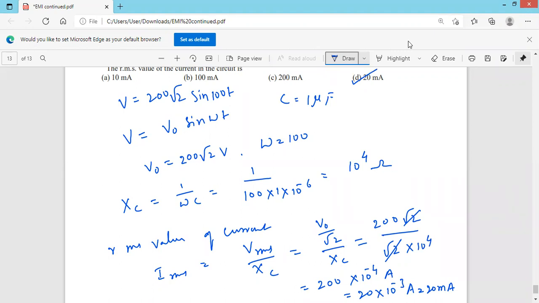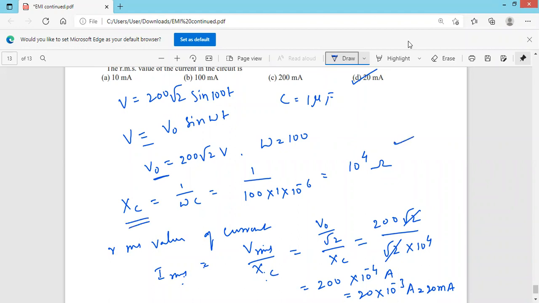They have given the equation V is equal to 200 root 2 into sin 100 t. Compare with the standard equation and we get V naught. But we want the RMS value of the current. From Ohm's law, I is equal to V by R. Instead of resistance, you have to take capacitive reactance. Therefore, I RMS is equal to V RMS by XC. First calculate XC, which is 10 to the power of 4. But they have not given V RMS; they have given the peak value V naught. Therefore V RMS is equal to V naught by root 2. Substitute V naught equal to 200 root 2, divided by root 2 into XC equal to 10 to the power of 4.